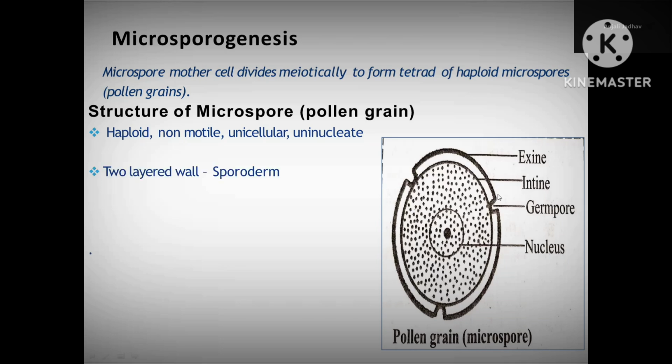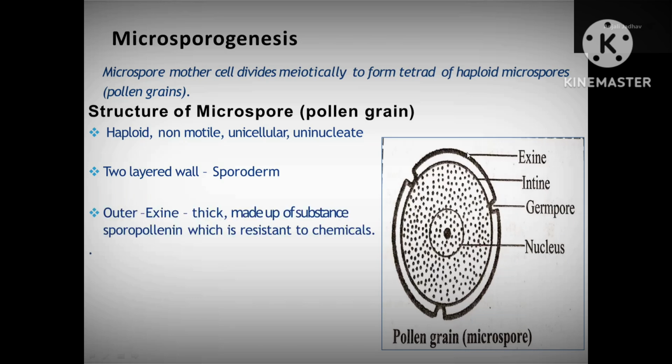Pollen grain is spherical in shape and a 2-layered wall is present, which is called sporoderm. The outer wall is thick and is known as exine. The inner wall is thin and is known as intine.